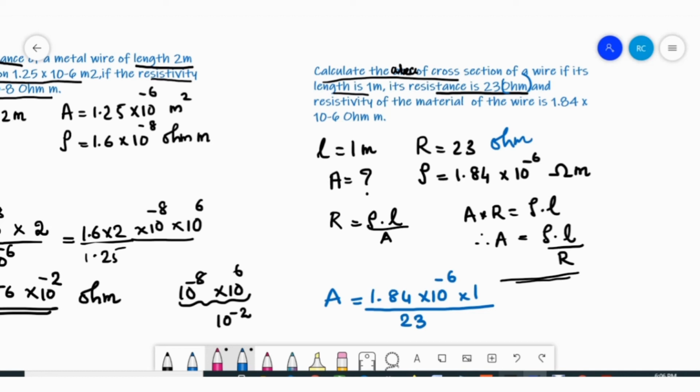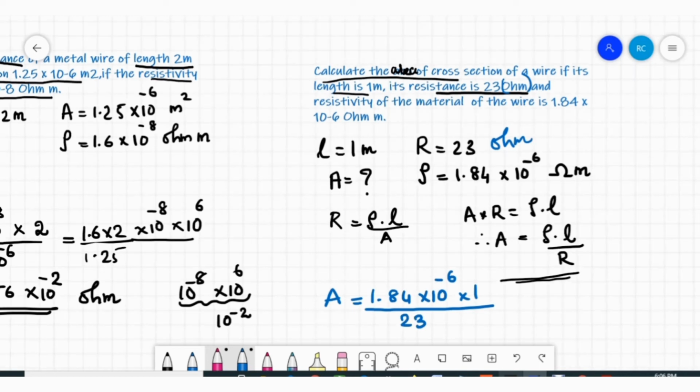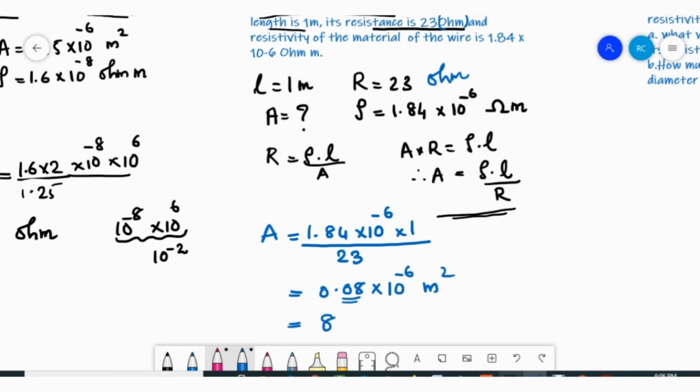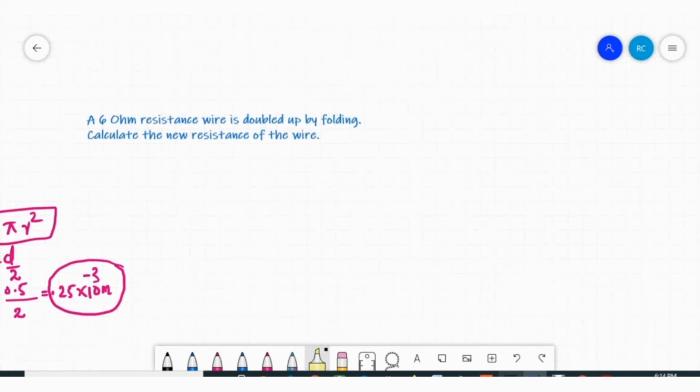So 1.84 divided by 23, which is equal to 0.08 into 10 to the power of minus 6 meter square. Or you can write, if you take these two decimals, 0.08, two decimal points, if you are moving to the right hand side, this will become 8 into 10 to the power of minus 8 meter square. Then one more question we are going to solve.